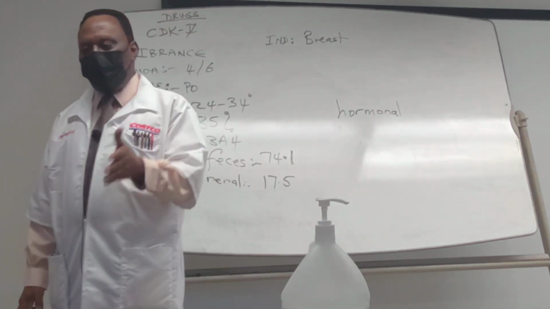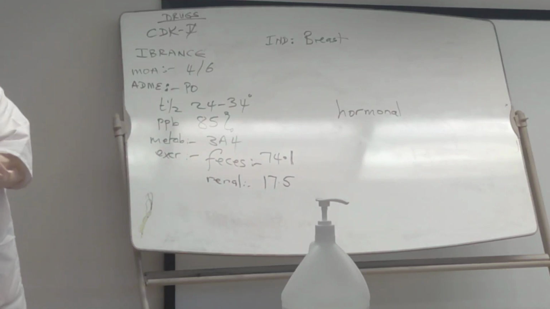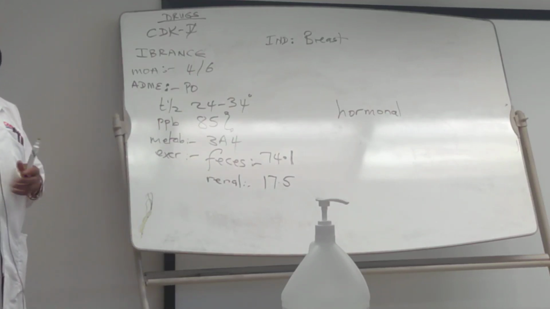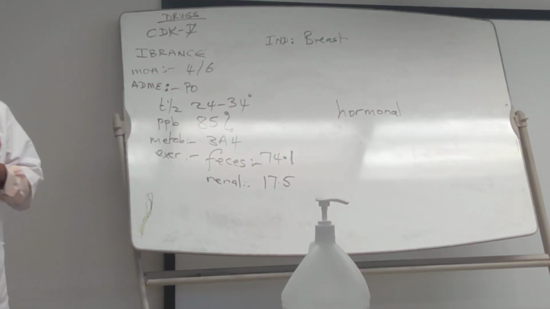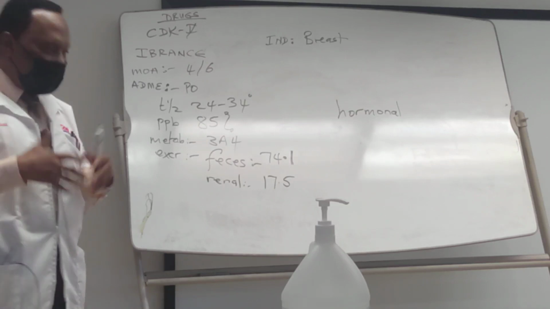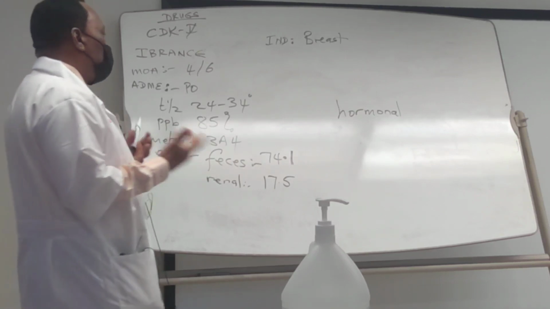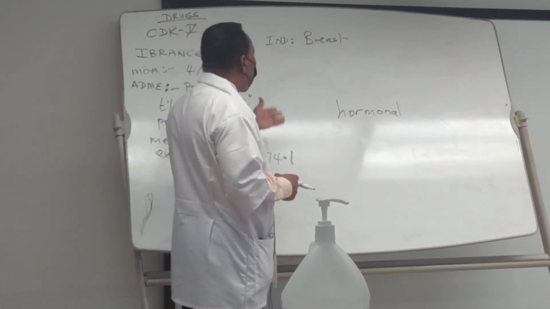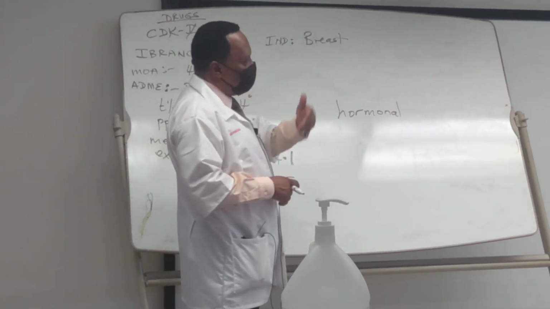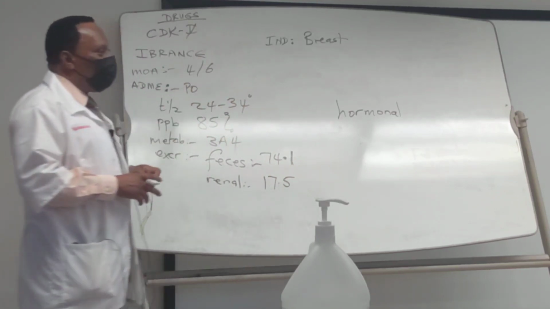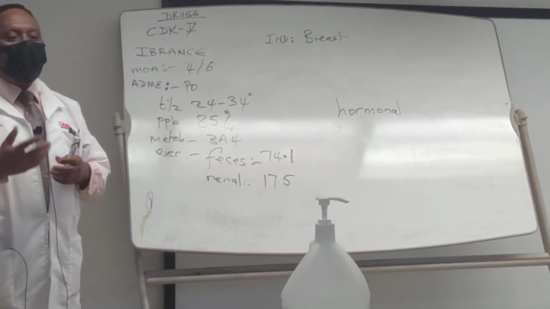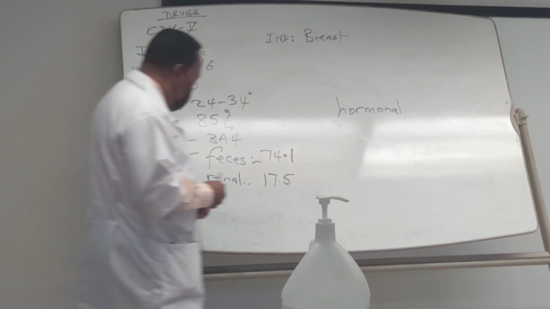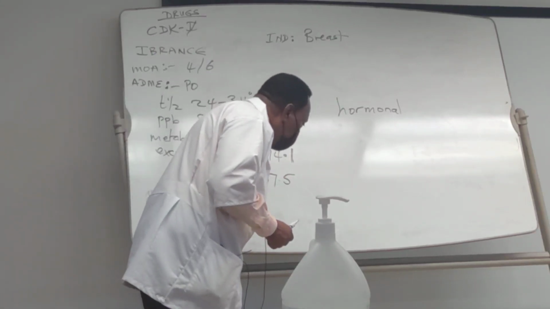So if you use Abrams with aromatase inhibitors, that will be in patients who have not been previously treated with hormonal therapy or chemotherapy. But if you see it used in combination with fulvestrant, that will be in patients who have had previous chemotherapy.